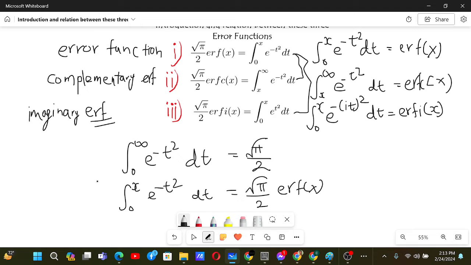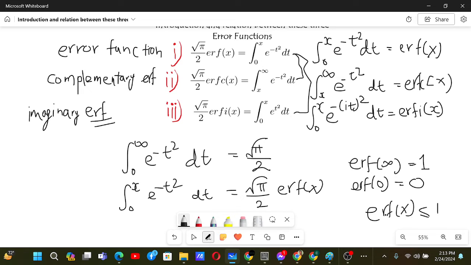Because erf of 0 will just be 0 because there's no area, and at infinity erf of infinity will just be 1 because at that time it's root pi by 2. And in between erf of x will always lie between 0 and 1, because these values are slightly less than root pi by 2.